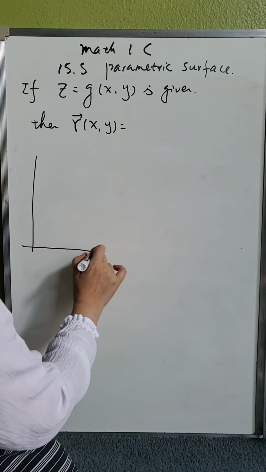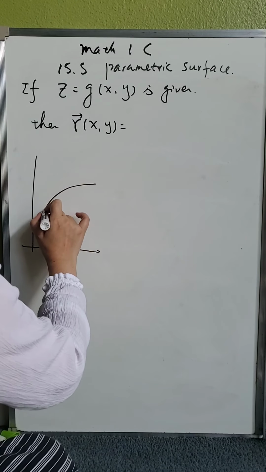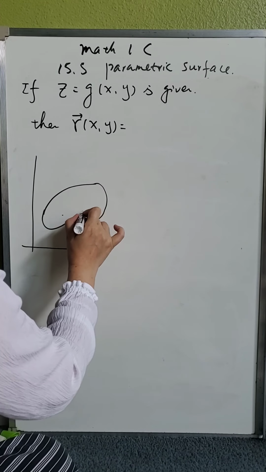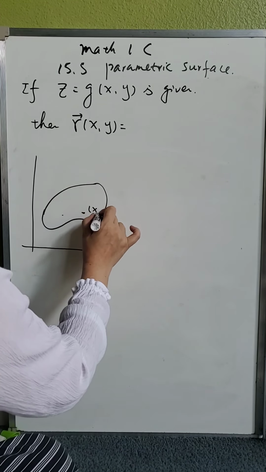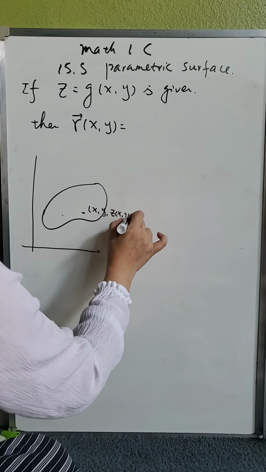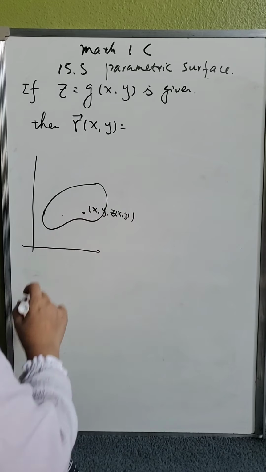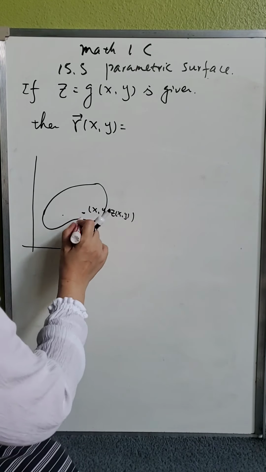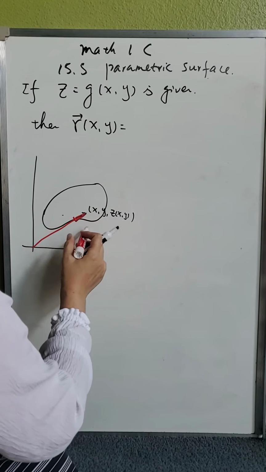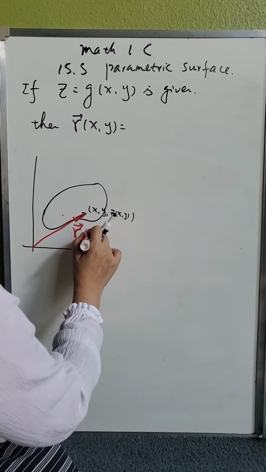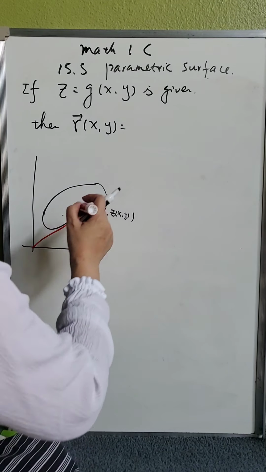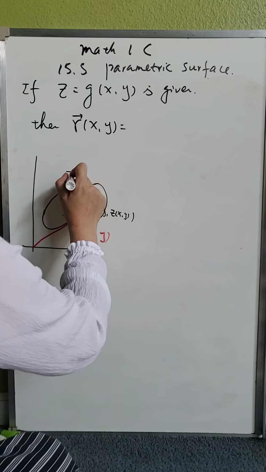So the picture I have earlier: let's say this is a point right here, with x, y, z, and then I just need to find this vector, r(x, y). I don't need to convert to the UV plane like earlier, because this is given to me.